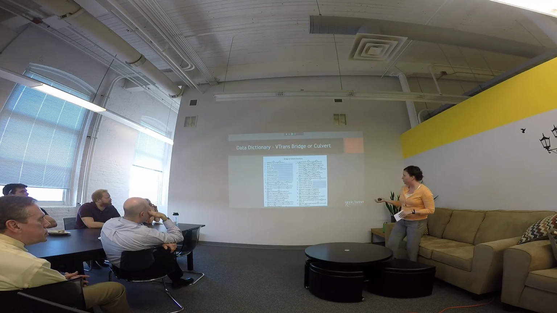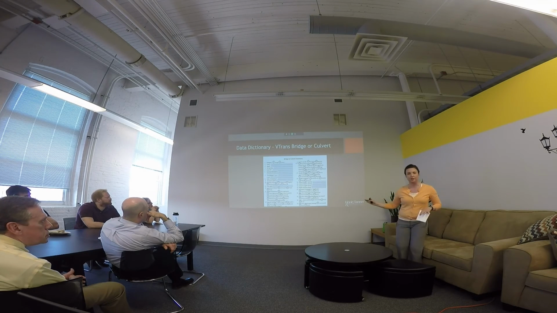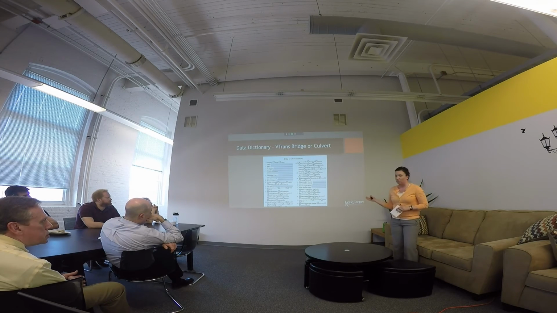So recently I was exposed to the VTrans. Their way of, they have a data dictionary as well, and VTrans is Vermont Highway Department. So they have this bridge or culvert inventory form, and this is something that you would pull up like in an iPad, and then I looked online and I found that this actually was available as a download to transfer directly to the GPS.